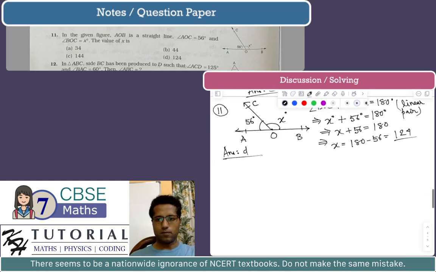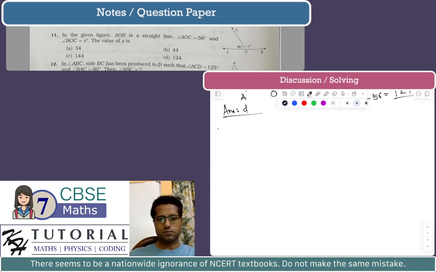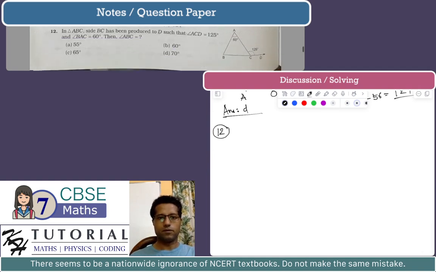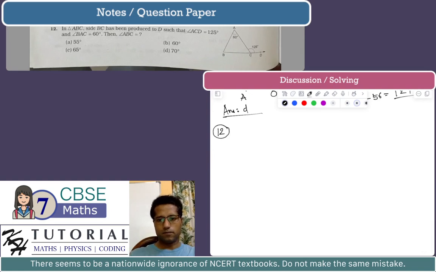Okay, let's do problem number 12. So we have a triangle ABC, and the side BC is produced to the point D, and it is given angle ACD is equal to 125 degree, and angle A is given to be 60 degree.